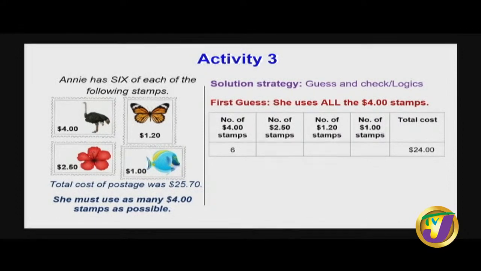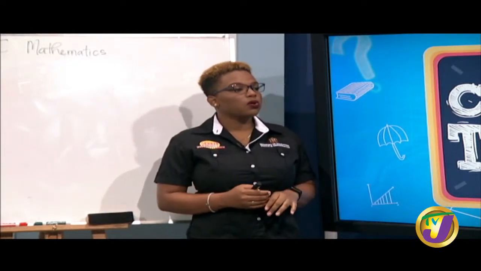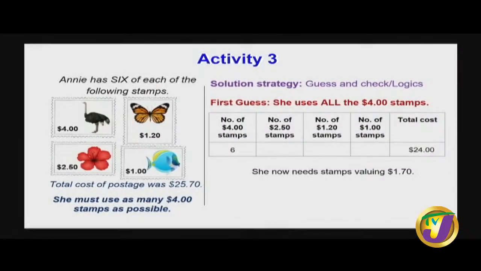So Annie needs $1.70 more to post her parcel, because the entire cost of the postage is $25.70. Looking at this, Latoya, clearly she can't use any $2.50 stamps. That would definitely exceed the amount she's aiming for.